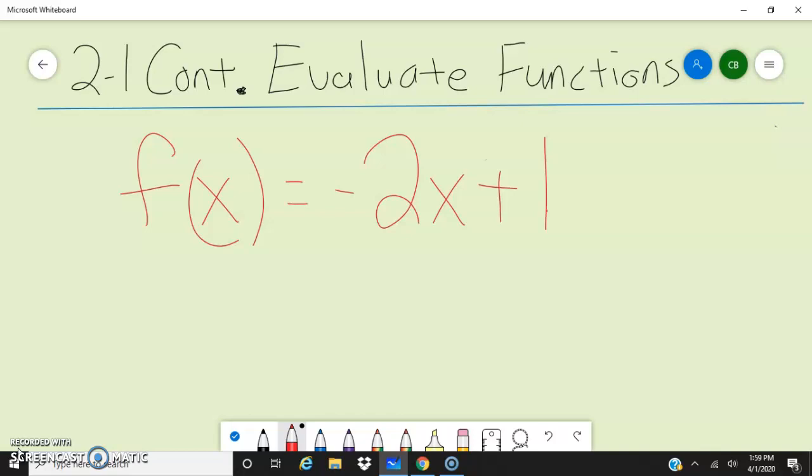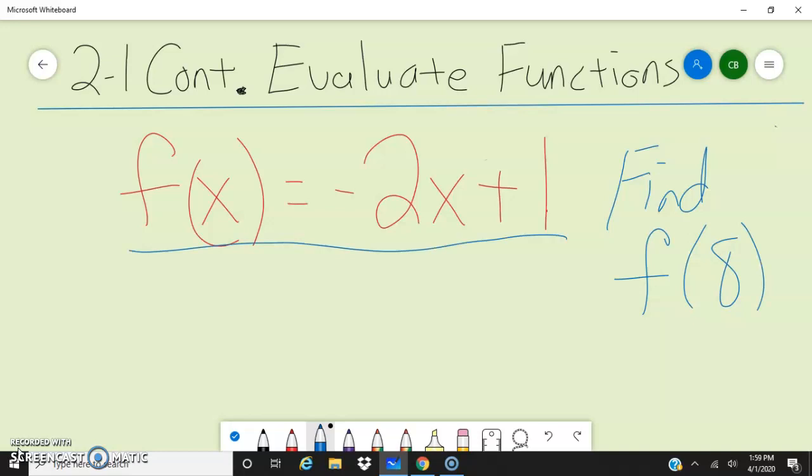We'll be given a function such as this one, and it will ask us to find, let's do, f of 8.